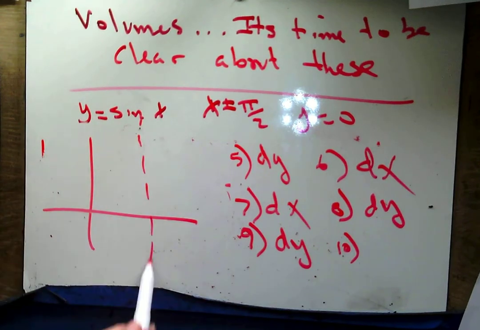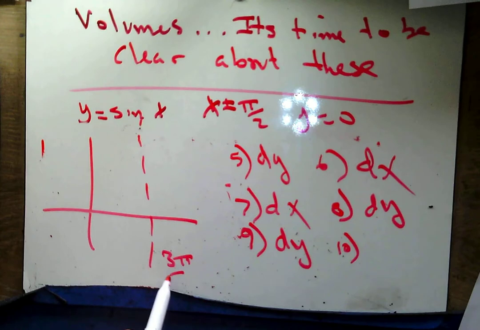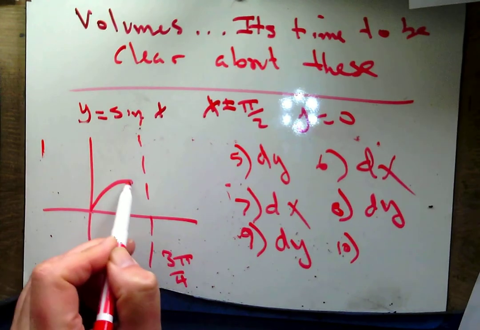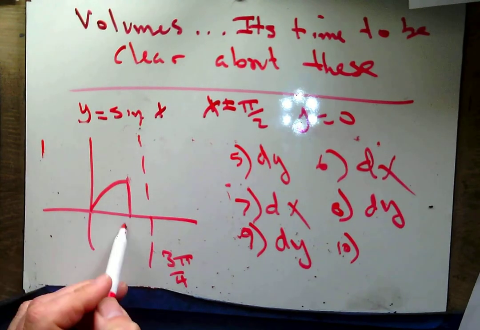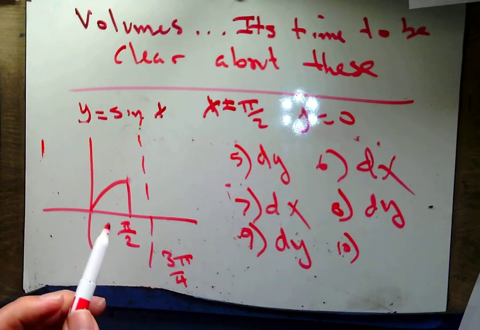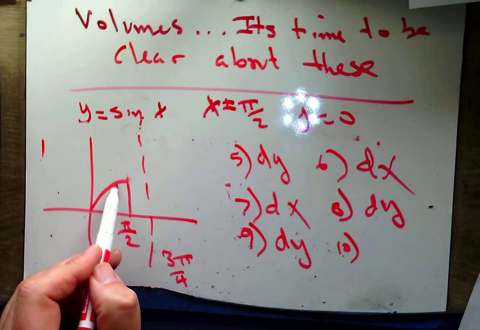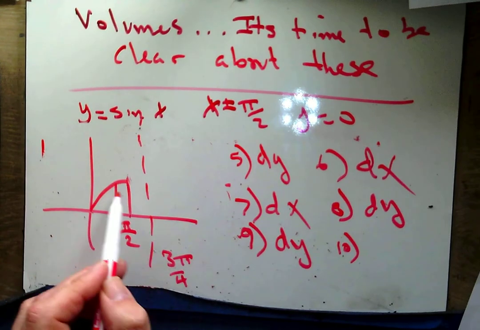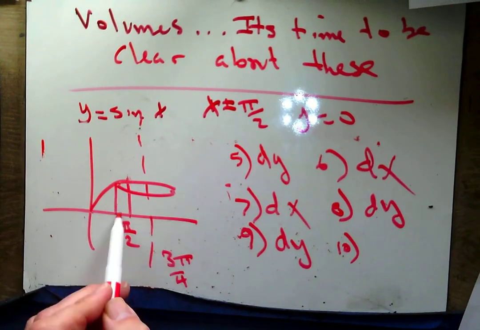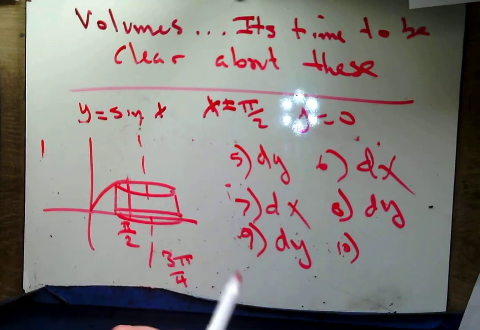Going around 3 pi over 4, we have this region here, stops at pi over 2, and now I want something that rotates around this axis. It's a shell, so something parallel to the axis, and then there we go.